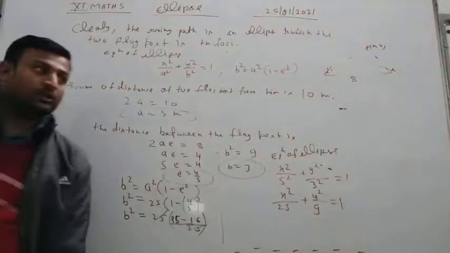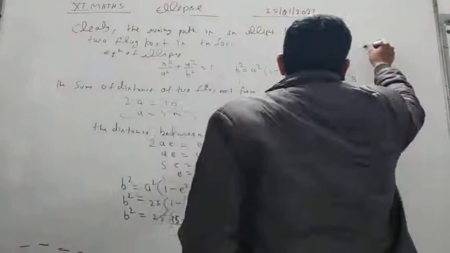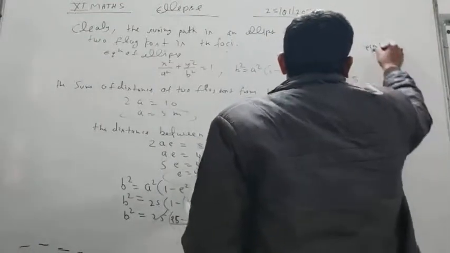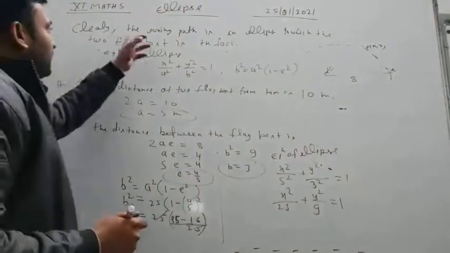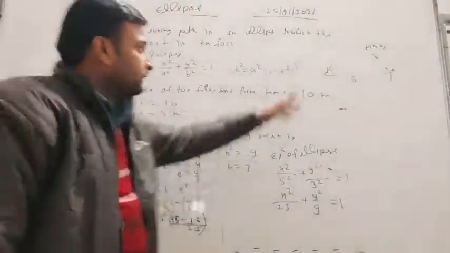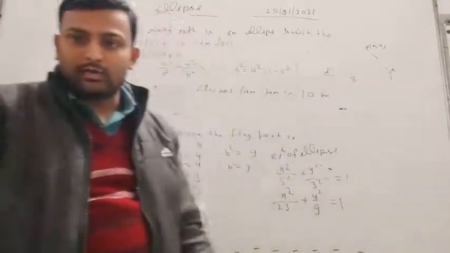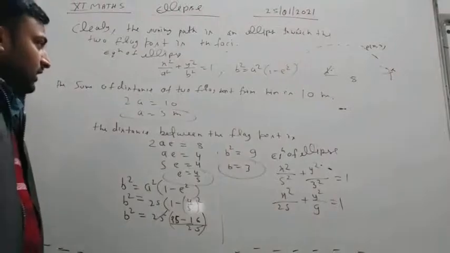Okay students, so clearly from here you know that this is an ellipse. We have written that the running path is an ellipse in which the two flag posts are the foci of that ellipse.